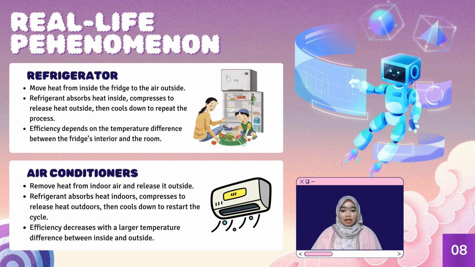In this cycle, the refrigerant absorbs heat at a low temperature, is compressed to a high temperature and pressure to release the heat, and then cools down to repeat the process. The Carnot cycle provides the theoretical efficiency limit for this system, which depends on the temperature difference between the cold and hot regions, while real systems are less efficient due to losses. The Carnot cycle serves as a benchmark for understanding and improving their performance.